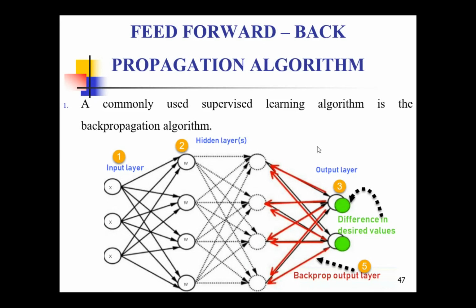By making the comparison, the difference in desired values can be obtained. That difference will be fed back to the system so that the weightages are adjusted in such a way that the difference is reduced as much as possible.